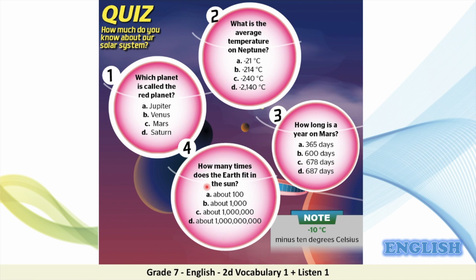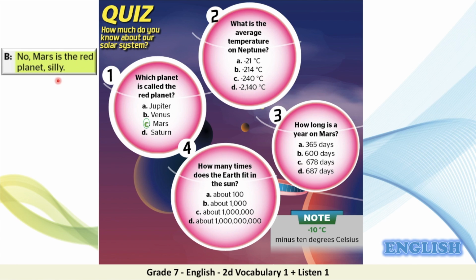So, which planet is called the red planet? Perfect. Mars. How did you know this? Yes. He said, no, Mars is the red planet, silly. Okay.